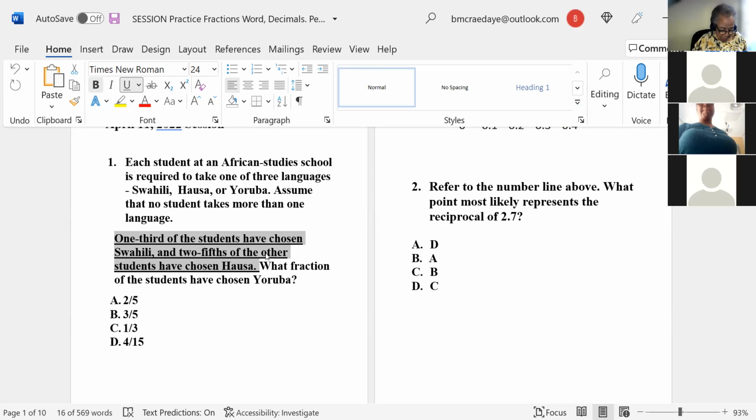Anybody got an answer? What fraction of the children?